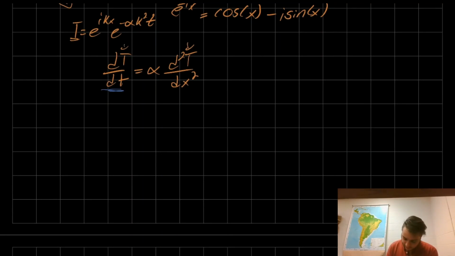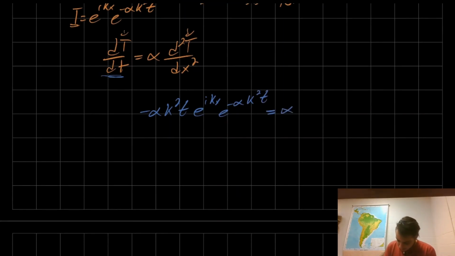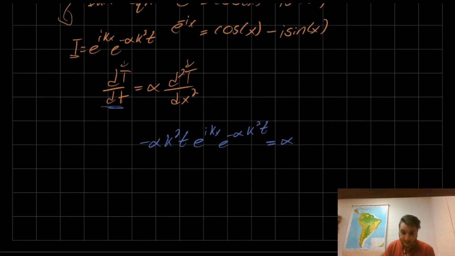So it is negative alpha k squared t e to the ikx e to the negative alpha k squared of t is equal to alpha. We have to take the second derivative of these. So it is ik squared. i squared is i.